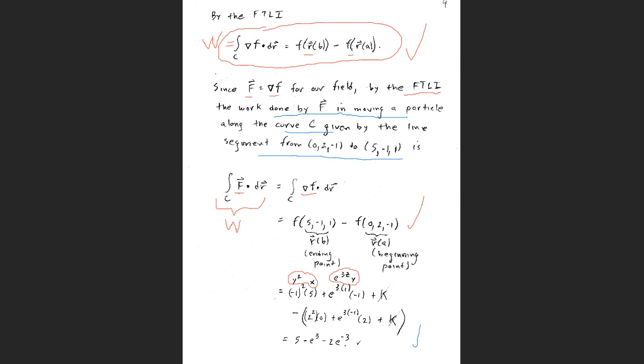I'm just putting that in because the potential function was equal to y squared x plus e to the 3zy plus k. I just wanted to justify everything. The k's cancel, and this is going to be your work right here. Are there any questions on that?